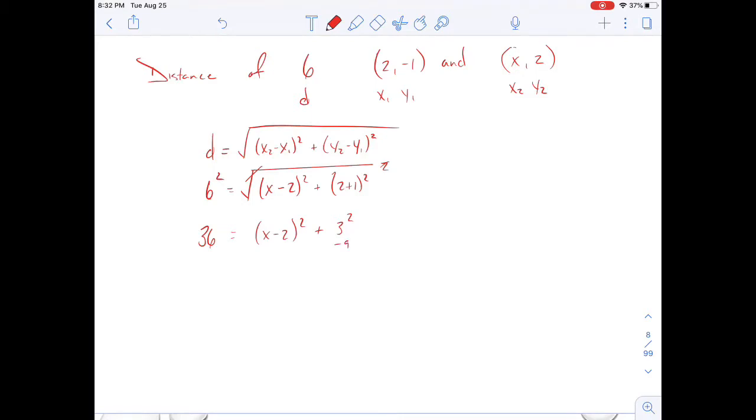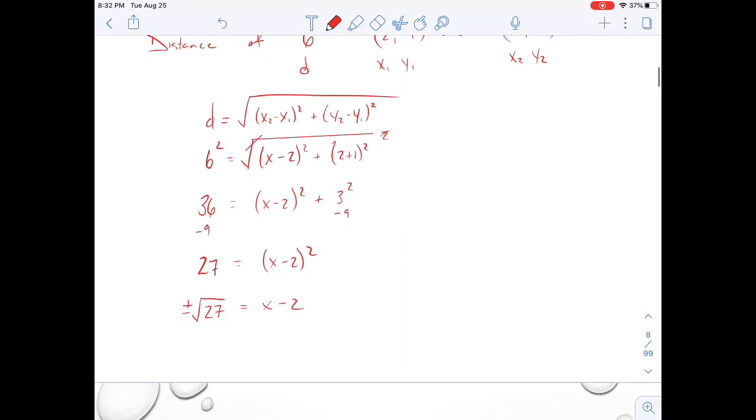So if I subtract 9 on both sides of my equation, now we're going to get, let's see, 27 equals x minus 2 squared. So when I take a square root of both sides, now we're going to have plus or minus the square root of 27 equals x minus 2.